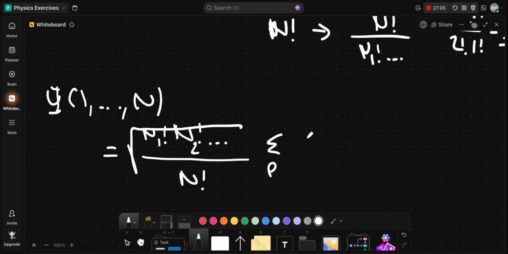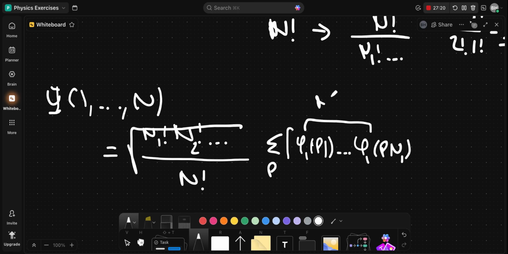And let me just simplify notation here. So here you would have phi 1, p1, phi 1, pn1. So there have to be n1 terms multiplying here. And then you keep going with n2 terms and so forth. And this is a bosonic wave function.